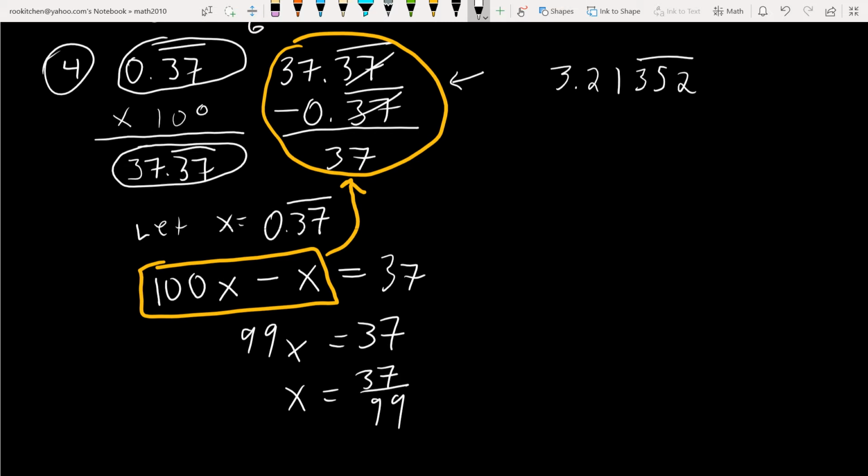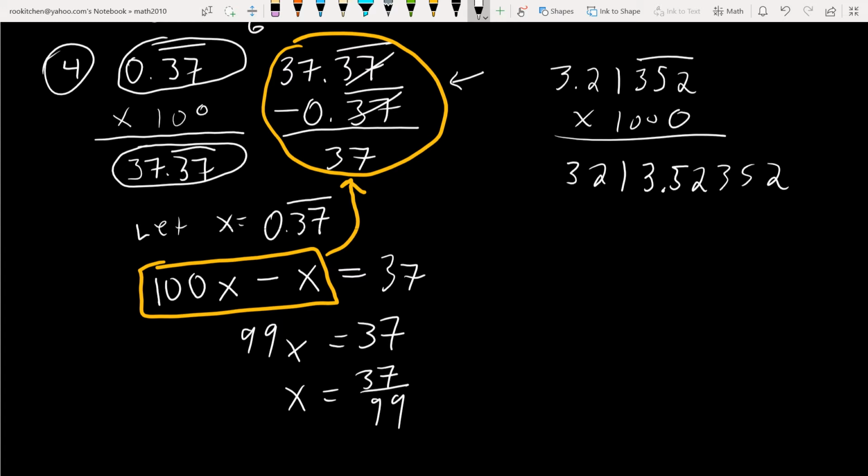So you would have to multiply by 10, 100, 1,000, right? So if you multiply this by 1,000, you would get 3213.52352 repeating then.